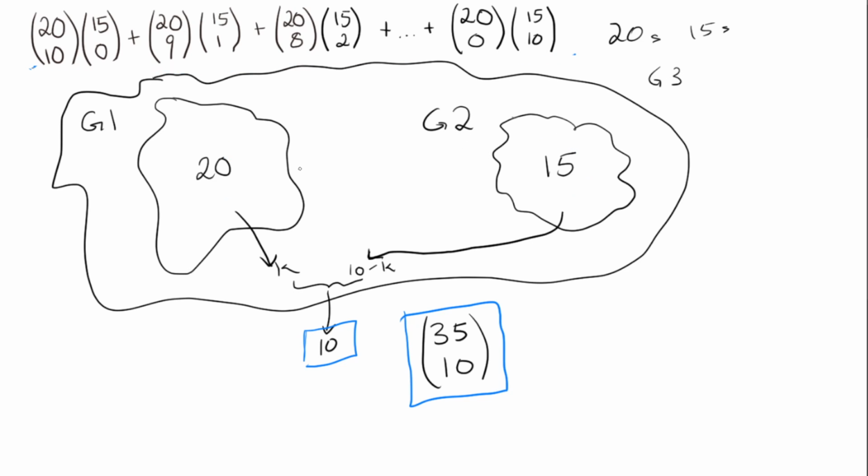But that's obviously making sense, right? Because if we're going to take 10 people, we're either going to take them from this group or this group. So that's just k from this group and 10 minus k from this group, and that's exactly this. So we can go down to 35 choose 10 and back up. That's a one-to-one correspondence, and our answer is then clearly 35 choose 10. And that's really what we're going to have.